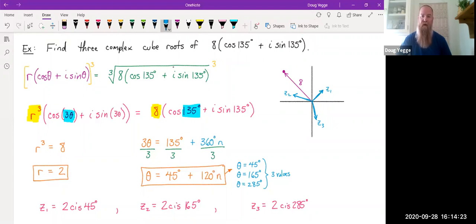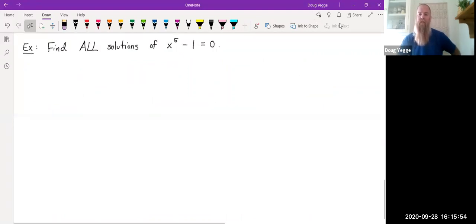So let's take one more example. We want to finally look at the practicality of dealing with these complex numbers and the sense of how we use this in algebra. So you might recall that there was a theorem called the fundamental theorem of algebra.